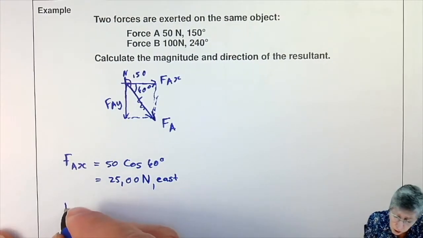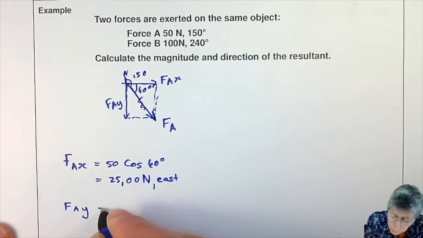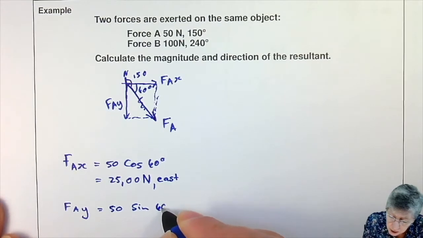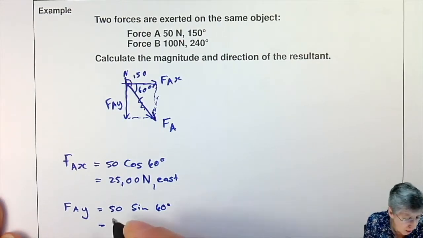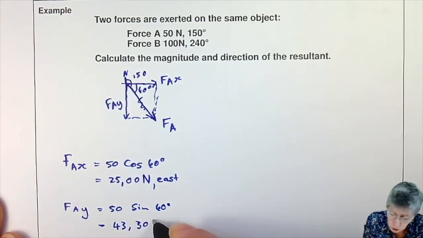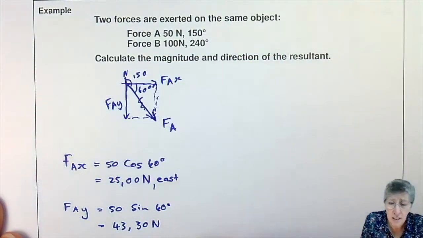Right, and we're also going to work out the y component, and that y component will now be 50 sine of 60, and if you do that you end up with 43,30 Newton, and obviously that is south.